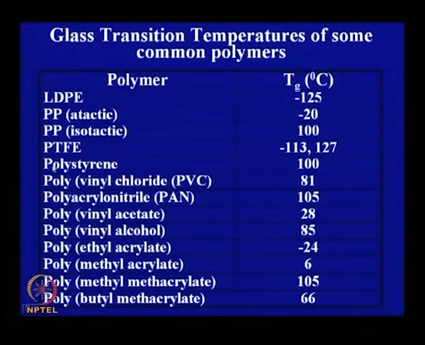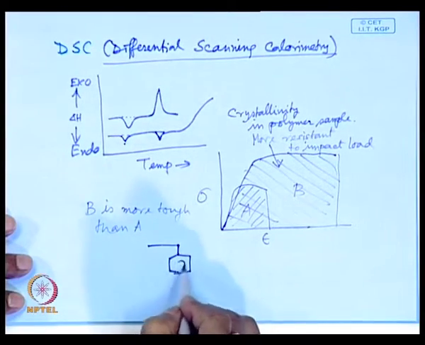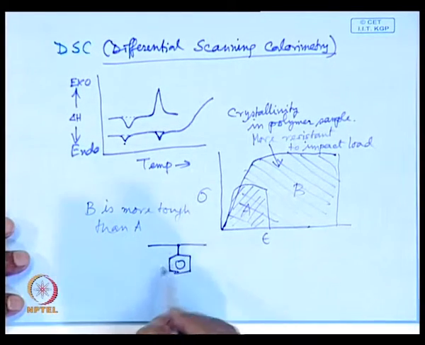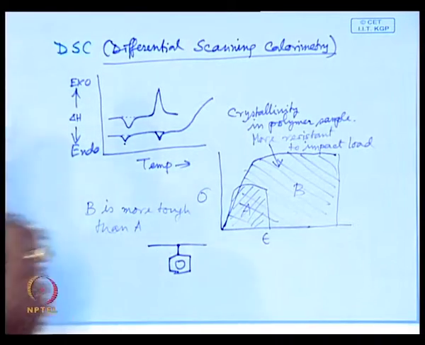Why? Because polystyrene contains one pendant phenyl ring. So, that makes the polymer, this bulky phenyl ring makes the polymer rigid. This is for hydrocarbon plastics.